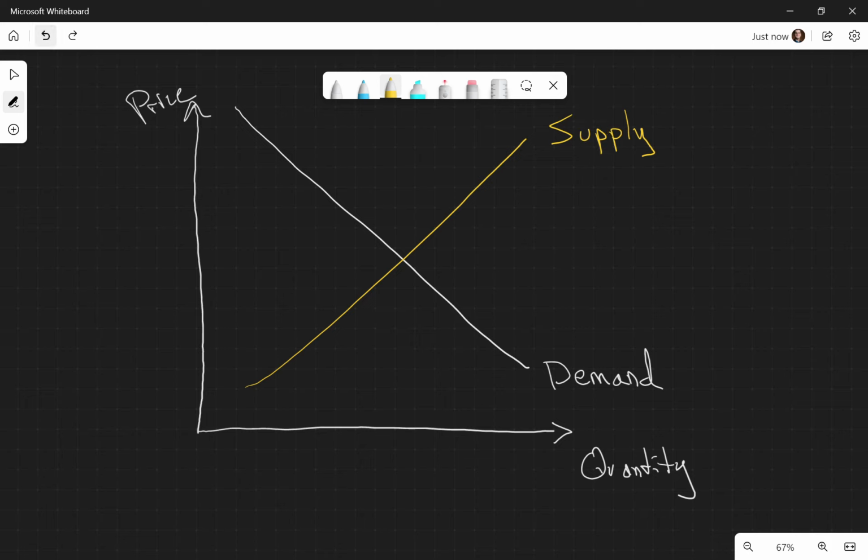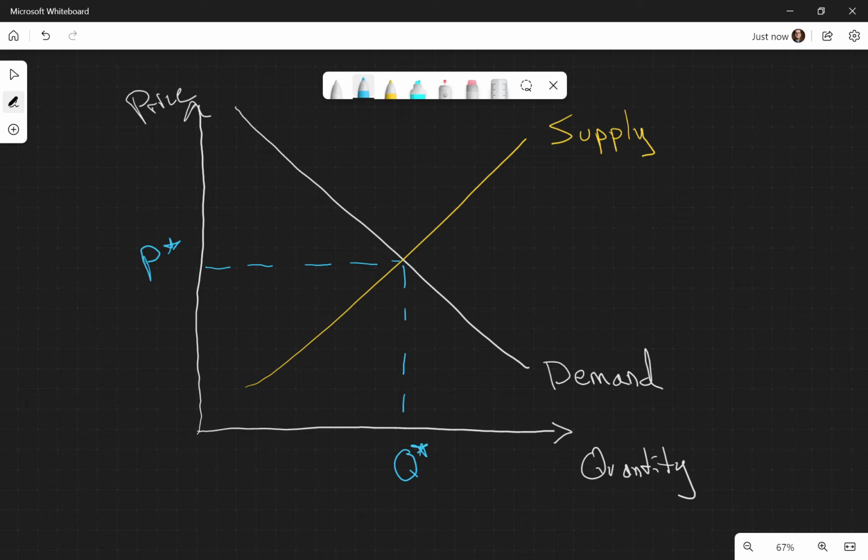And where these two things meet is that magical point called equilibrium. We label that with a P star and a Q star.